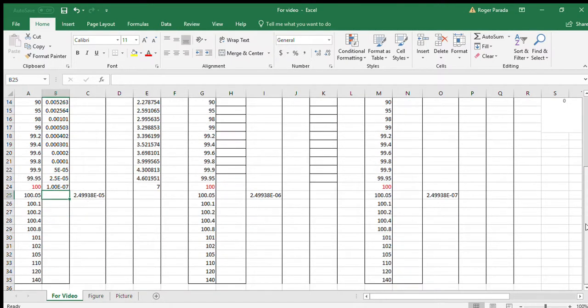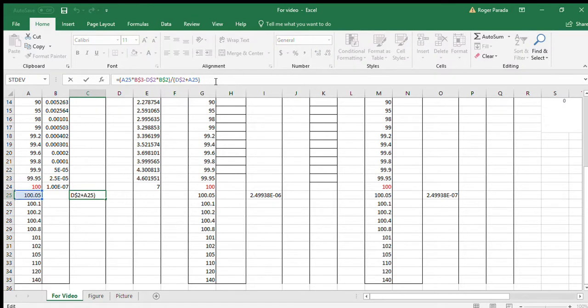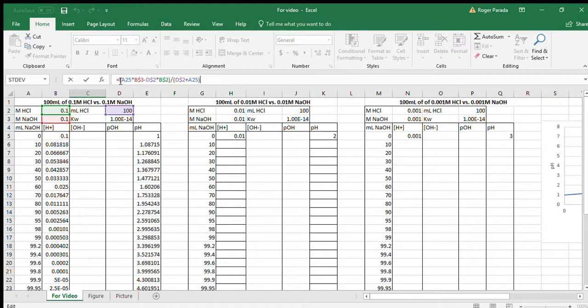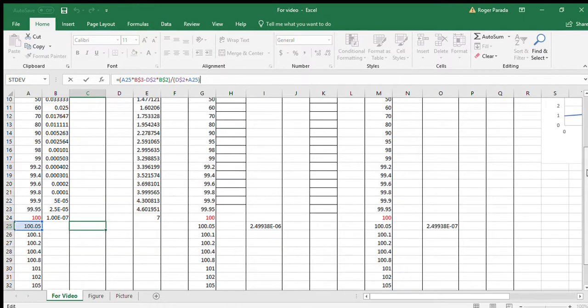So since we're going to get nonsensical concentrations of H+, now we'll calculate the OH concentration. Now we set up a very similar equation here. So it's millimoles of base minus millimoles of acid, which is constant, as you can see by the absolute reference for the volume and concentration of our acid, all over the volume of acid originally, which is 100, plus the changing volume of base.